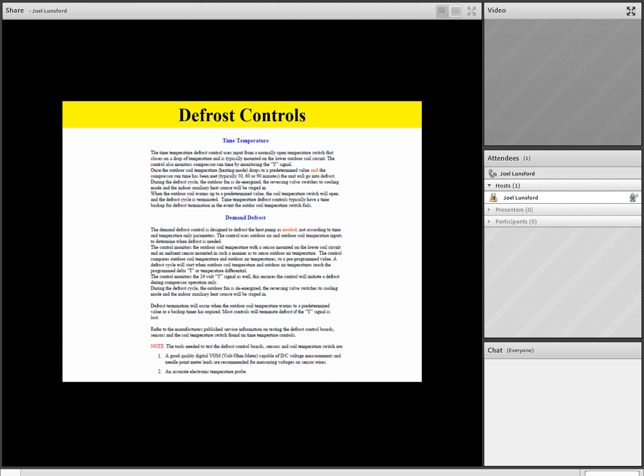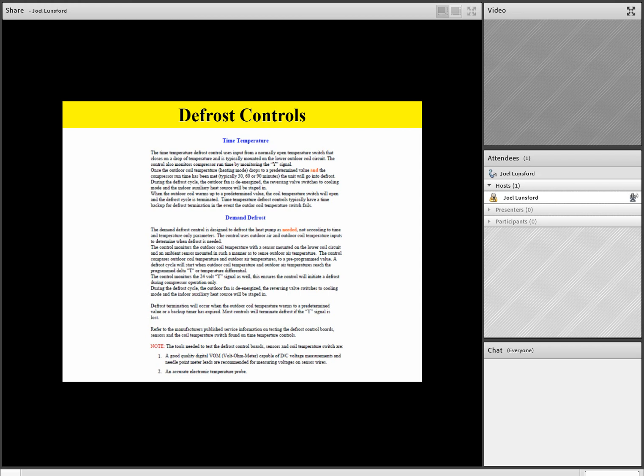Now the demand defrost control is a little bit different in that instead of using a normally open temperature sensing switch, it's going to have at least two sensors. Those sensors will be an ambient sensor and a coil sensor. The ambient sensor will literally hang out into the atmosphere below the control panel to sense air temperature, and the coil temperature sensor on a demand defrost control will be physically mounted to the outdoor coil to sense the coil temperature.